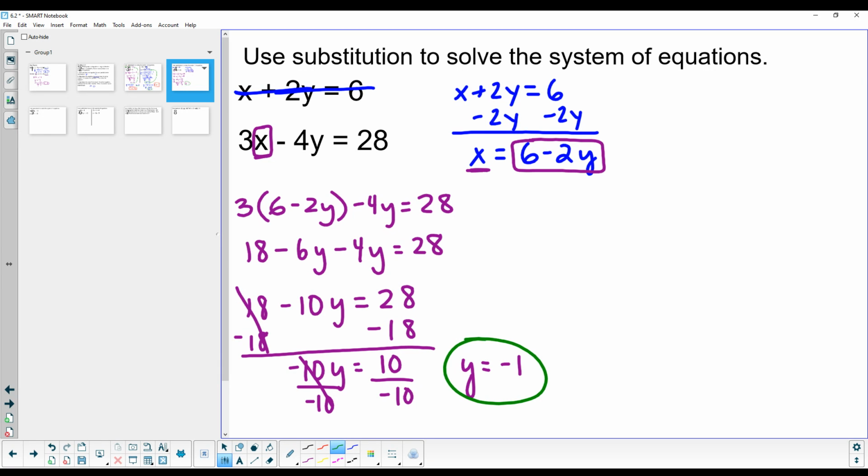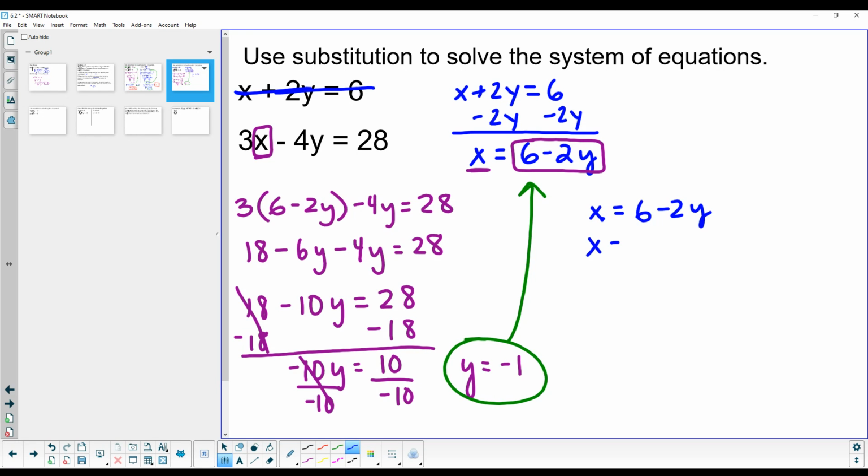Now again, don't do all of this work and then stop and say that y equals negative 1 is your answer. You still have to solve and get an ordered pair. Which means if I know that y is equal to negative 1, I need to go back to this equation that I first substituted in to figure out what x is. So we said that x was equal to 6 minus 2y.